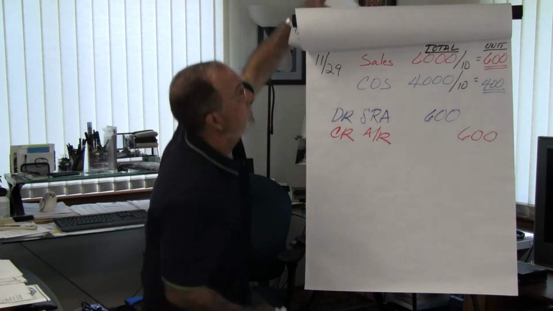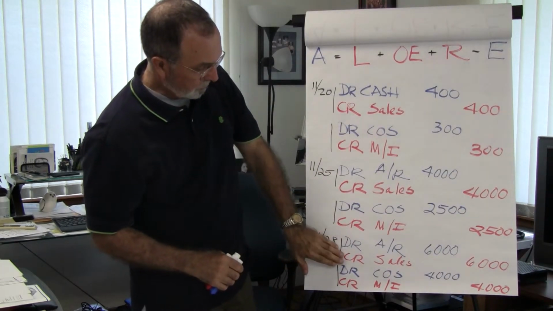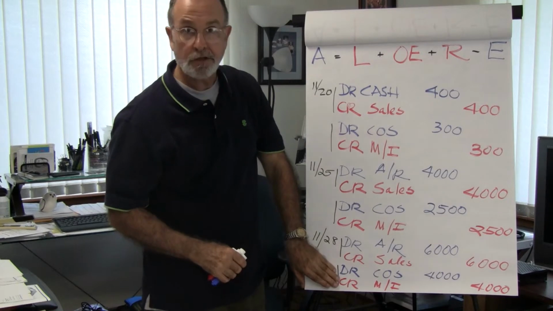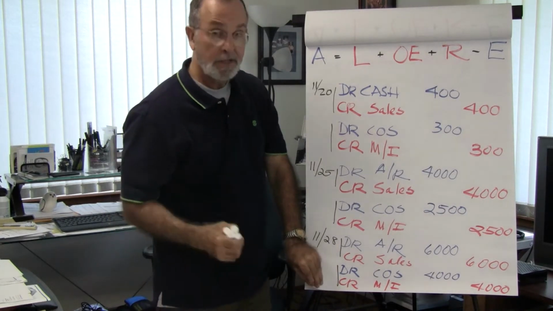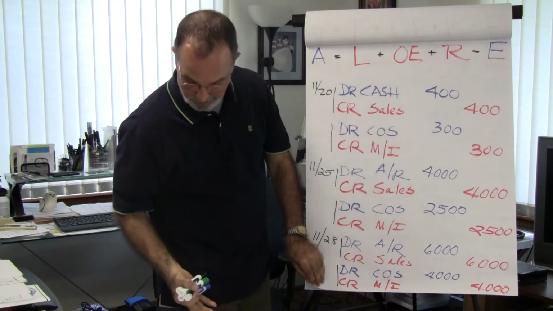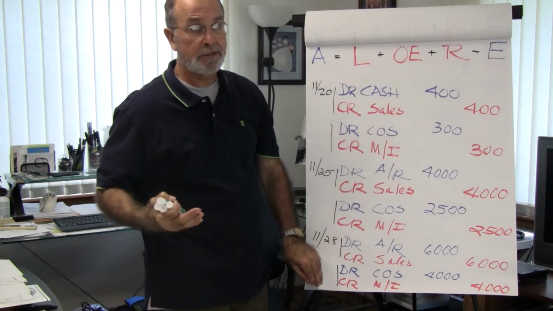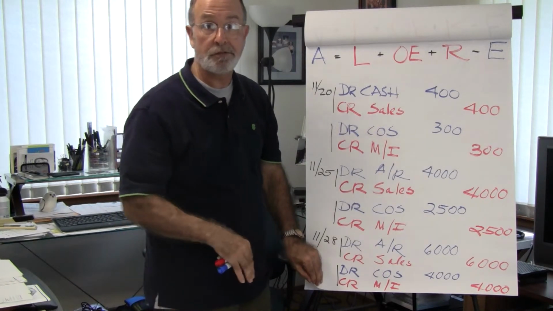Now, as you recall, when we recorded the sale, we recorded both the sale and the cost of the sale. Now, we are receiving that inventory item back, and the transaction says that it's in perfect condition. So what that tells us is that we're going to put it right back into our inventory.